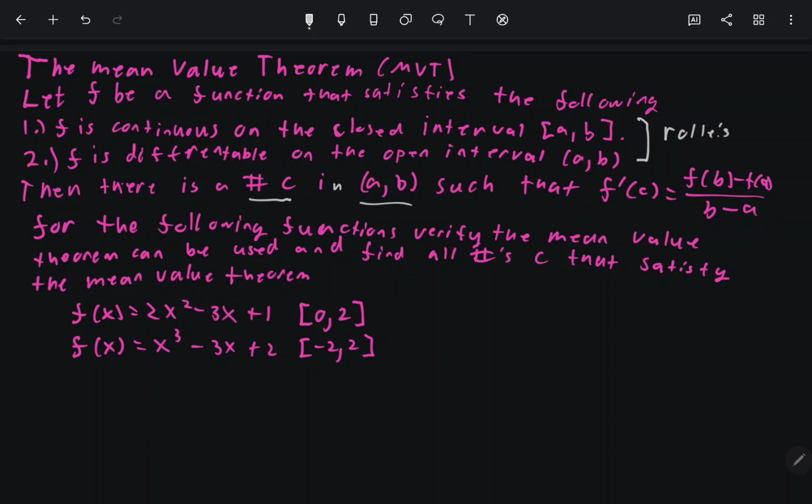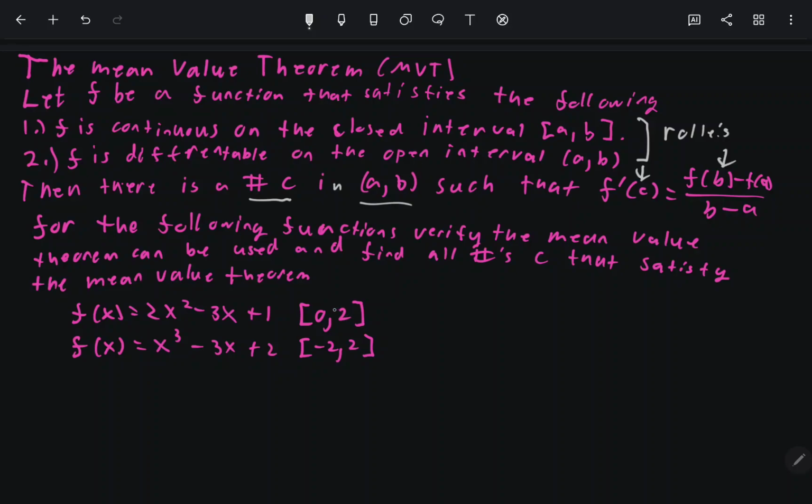What the mean value theorem supposes is there must be a value of the derivative where it is equal to the average rate of change of a function over the interval. And that's really just the entirety of the mean value theorem for you.